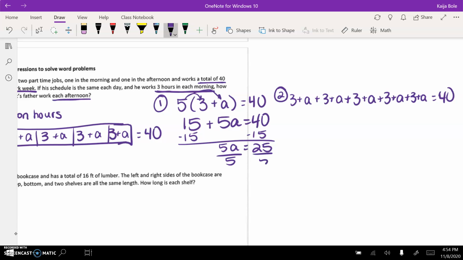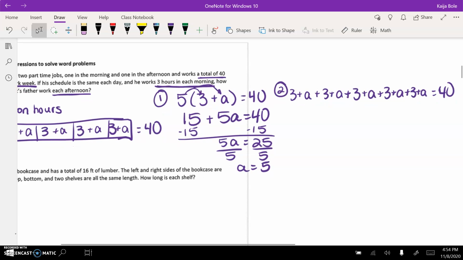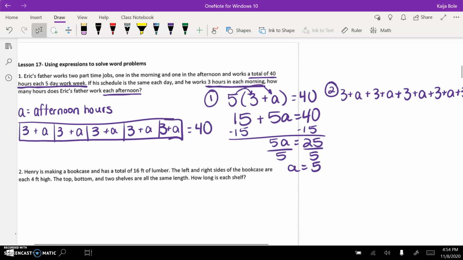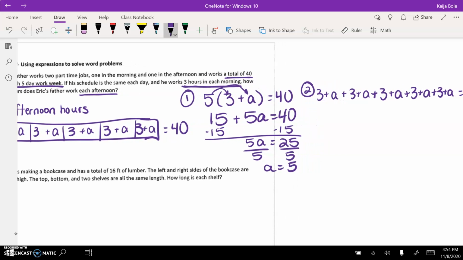Divide by 5. So A equals 5. Then you have to actually answer the question: how many hours does Eric's father work? So you would say he works 5 hours each afternoon.